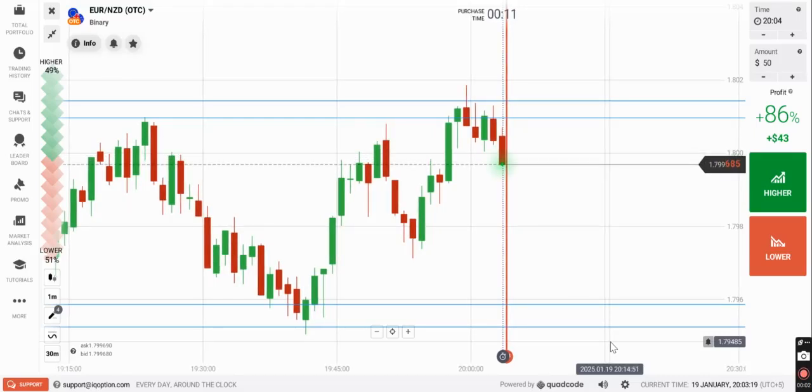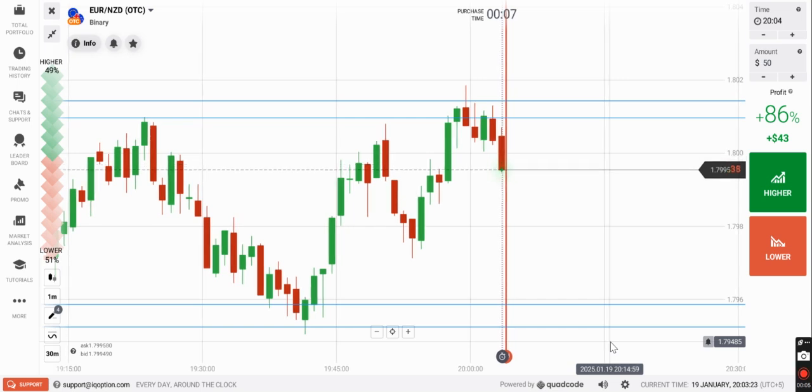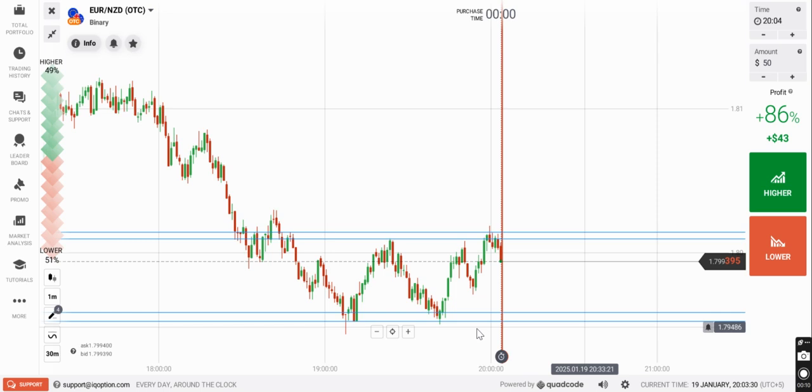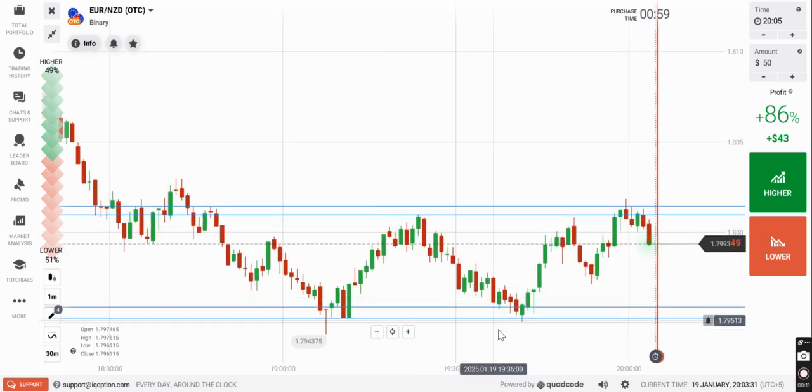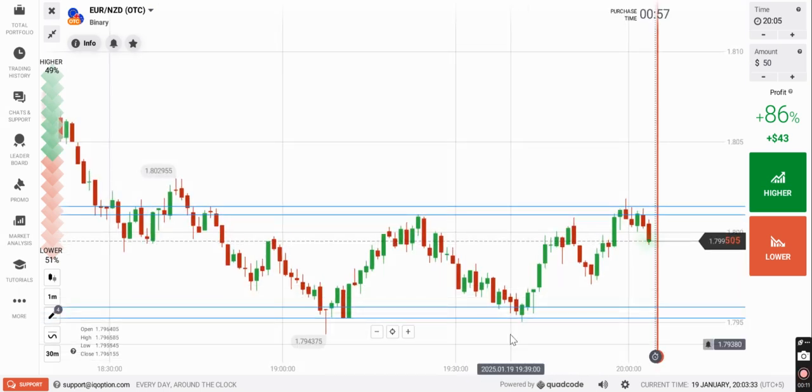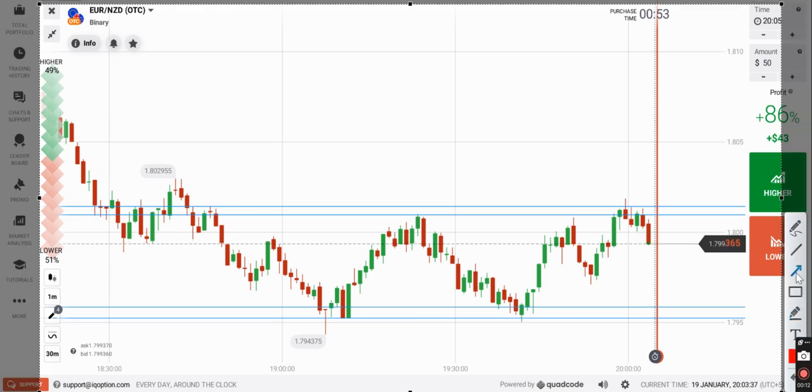In today's session I'm going to take a few trades as per the market movement by analyzing the market in an efficient manner. Right now, if you analyze this market, you can easily say one thing to yourself: the market is moving in this range.